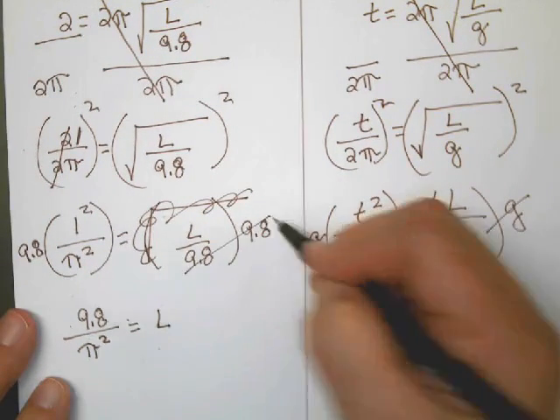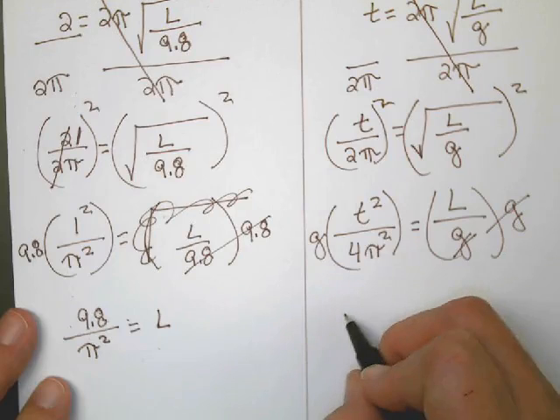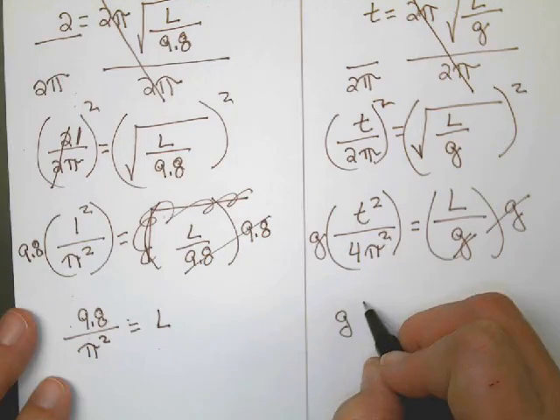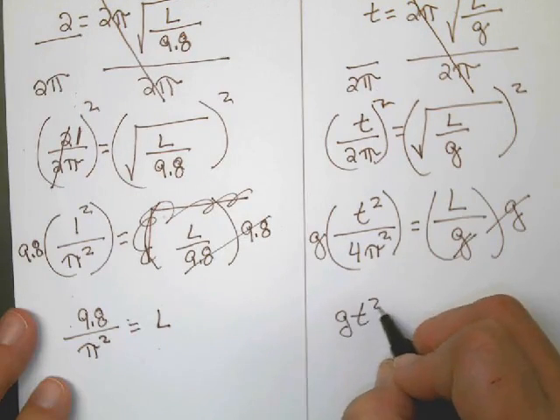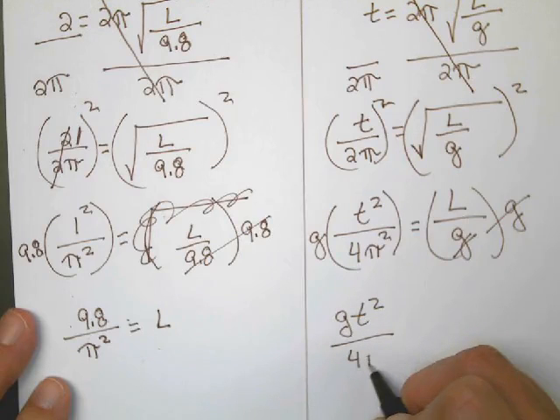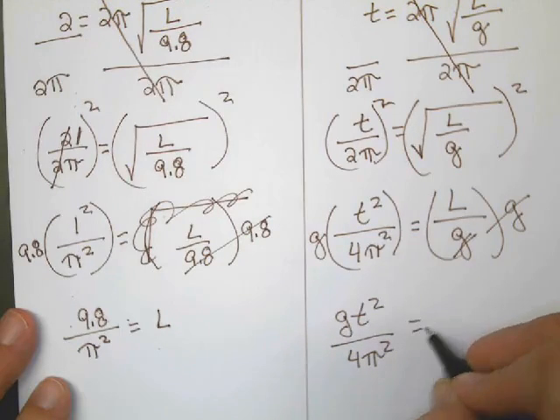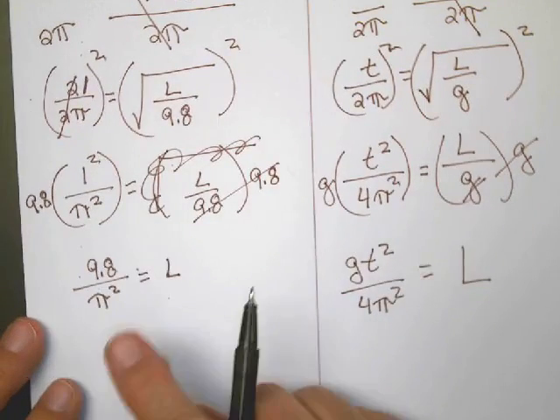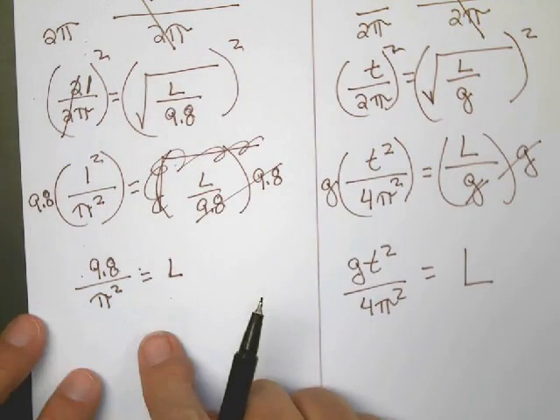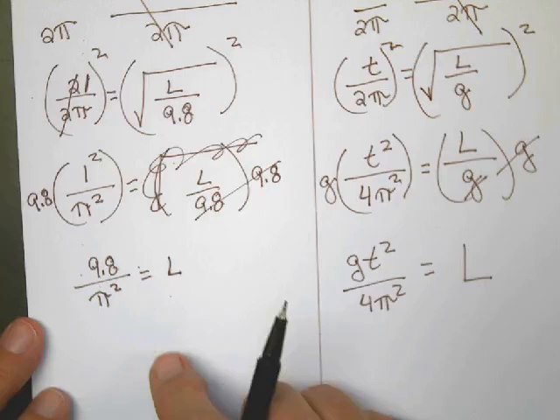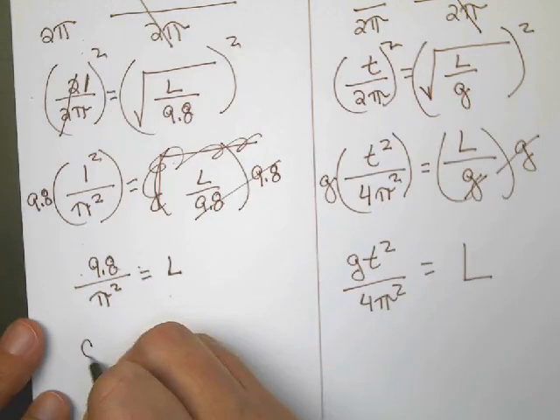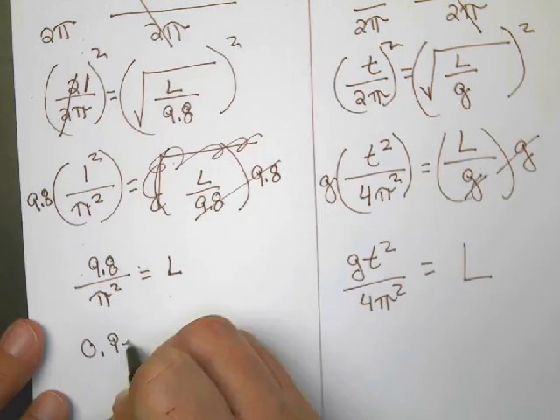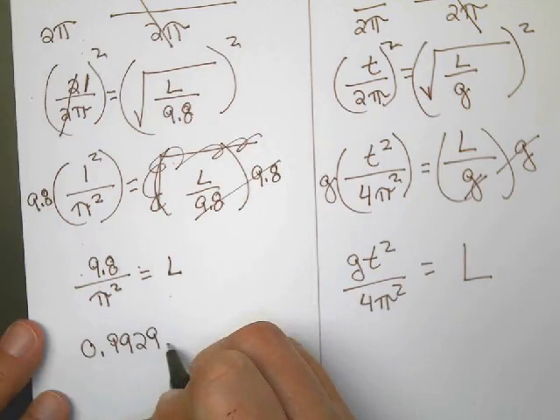So I have the gravitational constant times t squared all over 4 pi squared equals the length of the string. Now I can figure this out, and I have done the math, and this ends up being like 0.9929 meters equals the length of the string.